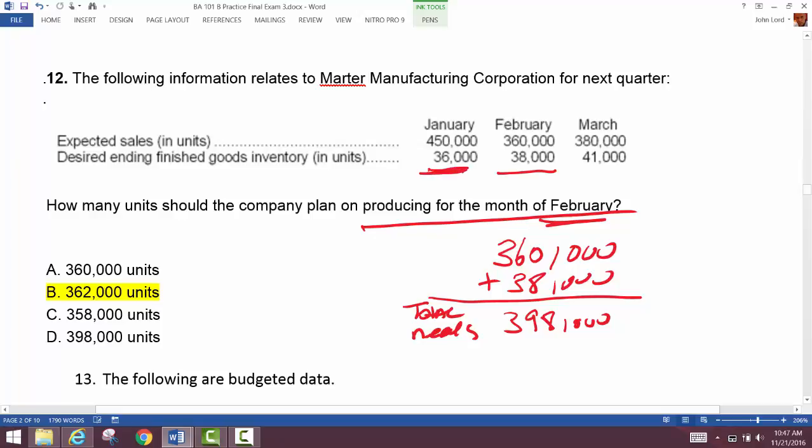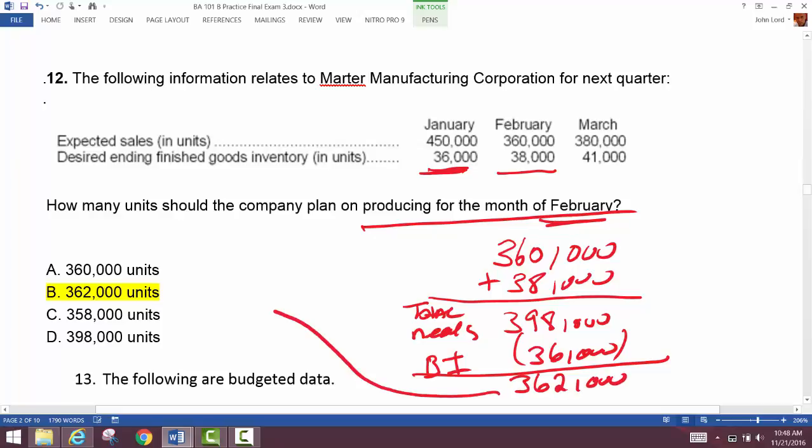That was January's ending. Is March? February's beginning, right? So the beginning inventory for February is January's ending inventory of 36,000. So 398,000 minus 36,000 gives me this, what, 362,000? Okay, great.